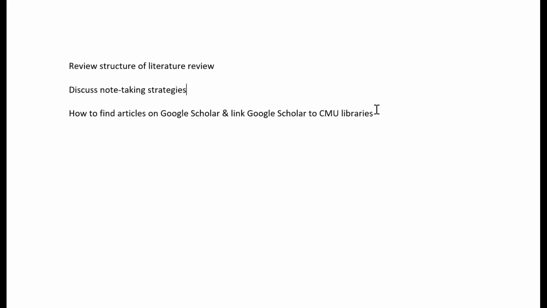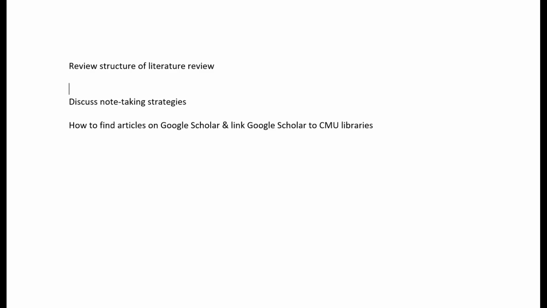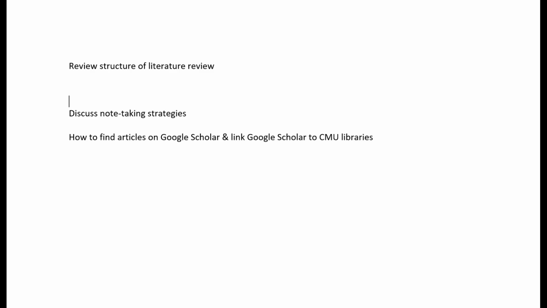So as we discussed in class, all of these literature reviews, and as you're reading the samples that I gave you, look closely at how they're organized, how they're structured. Most of them begin with one or two paragraphs on importance or significance.